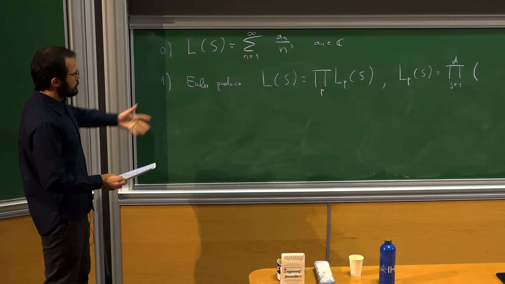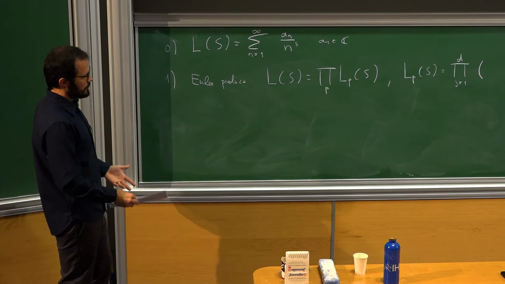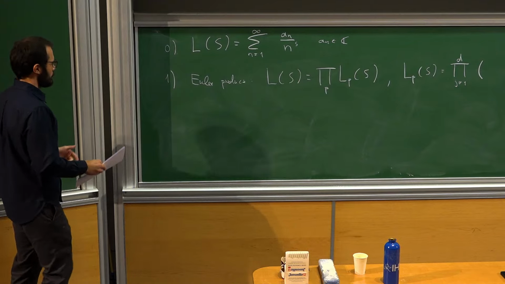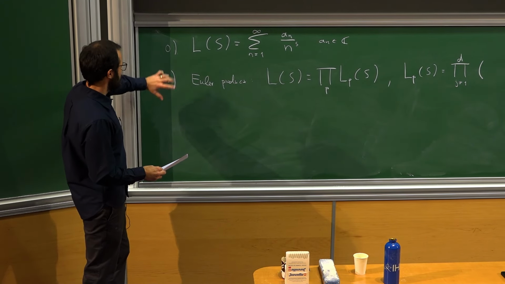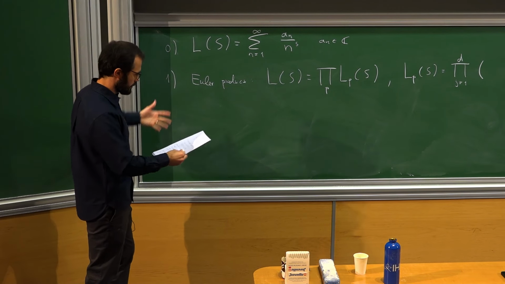Although it is related to the bootstrap in the sense that it is the same role of representation theory that we also see in the bootstrap. But for the purpose of this lecture, the L functions will be just defined in an ad hoc way by hand.